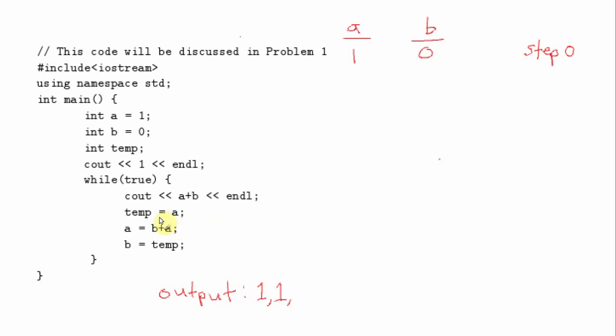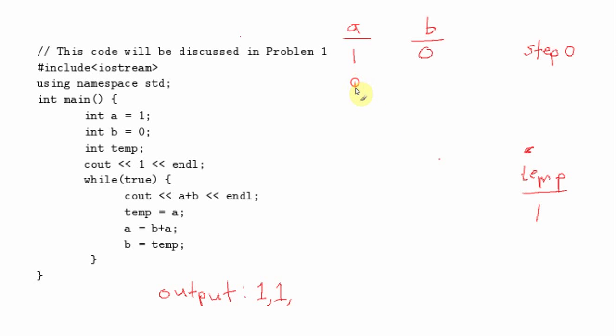Now we store the value of a in temp, so maybe I should put temp here, so let's keep track of temp a little bit. Temp. Okay, it looks like somebody scrawled that on the wall with blood in a horror movie, but it says temp. And in temp I'm going to put the value 1. Now a is going to be set to b plus a.